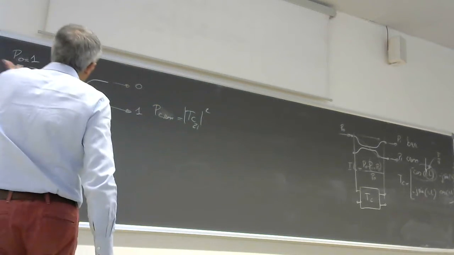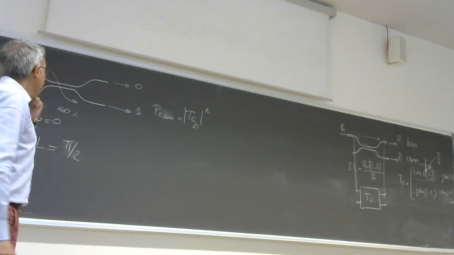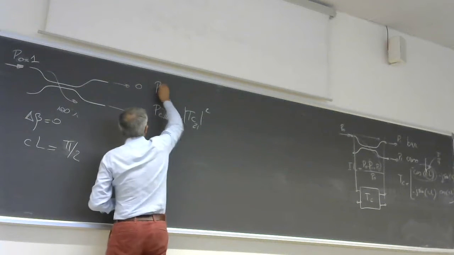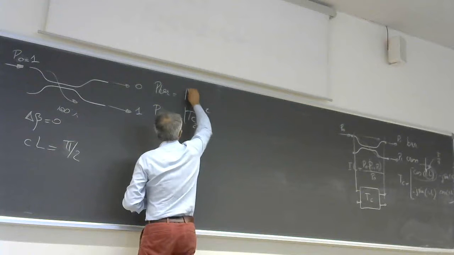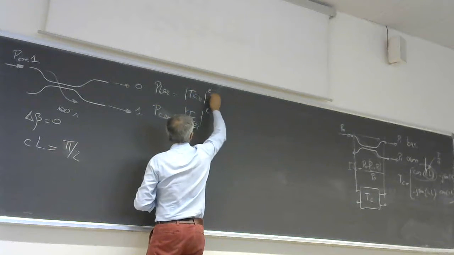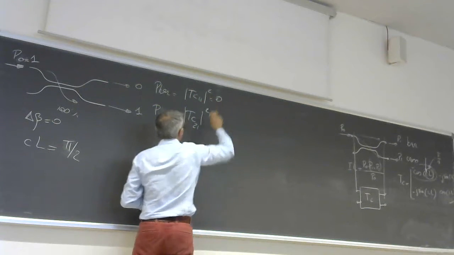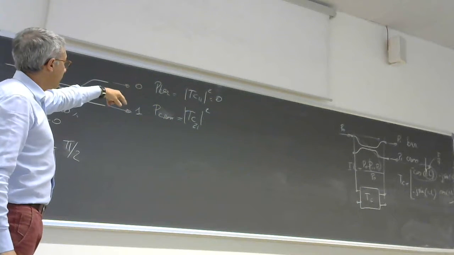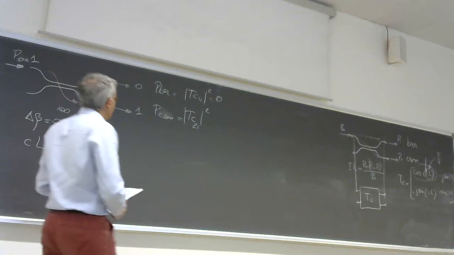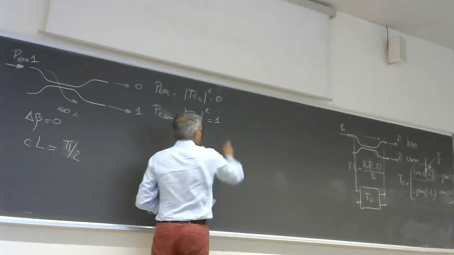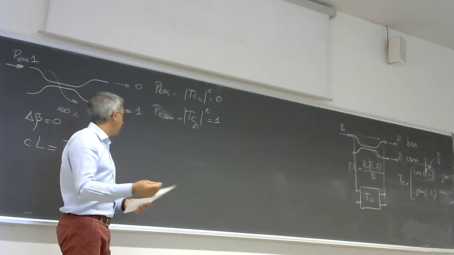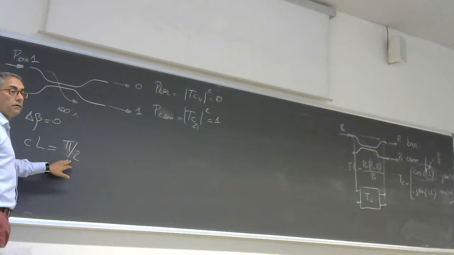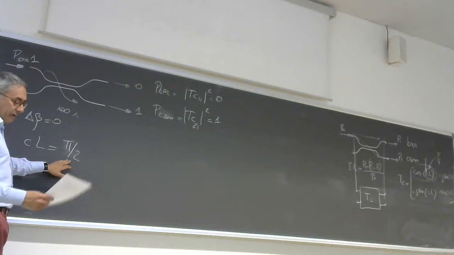So you want the transmission equal to 1 on the cross, and you want the P bar, that is equal to the first coefficient of the matrix, equal to 0. So both relations, we wrote the two here, two conditions, but the two conditions are identical and they bring to this result: CL equal to half pi.